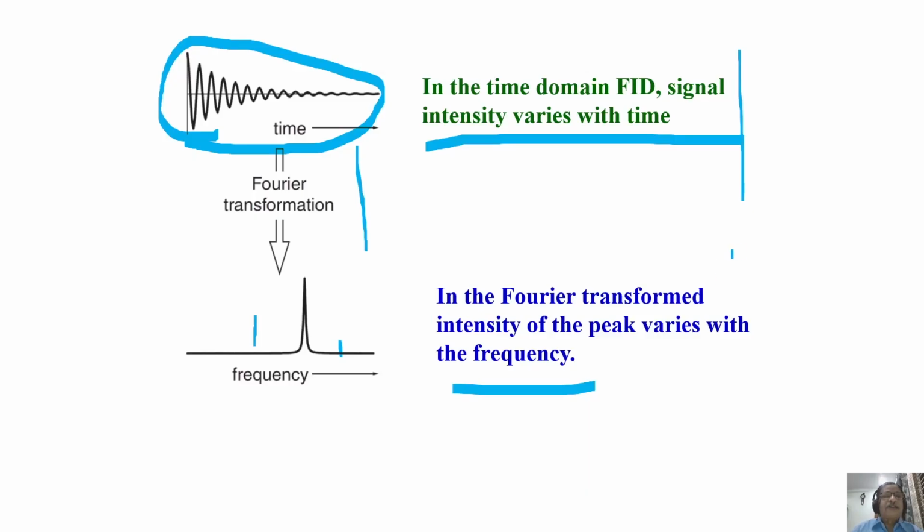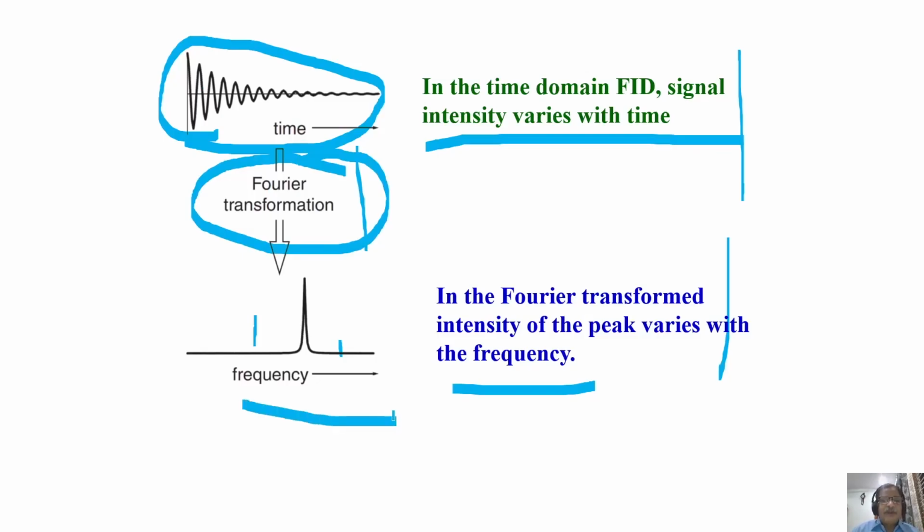Here is the variation of the intensity of the peaks in the frequency domain. That is what it is all about. So basically, you don't need to know anything else. All you do is simply collect the signal and give a simple command called Fourier transformation in the instrument, and the computer is going to give you the spectrum like this. This is what you finally require to do the analysis.